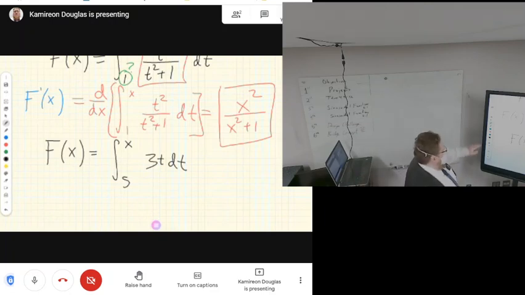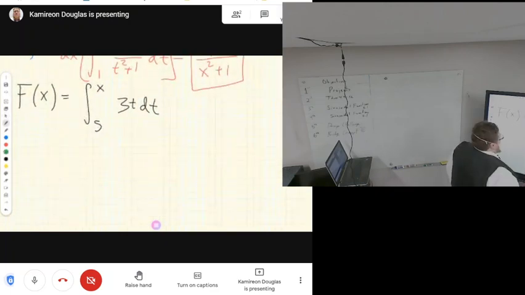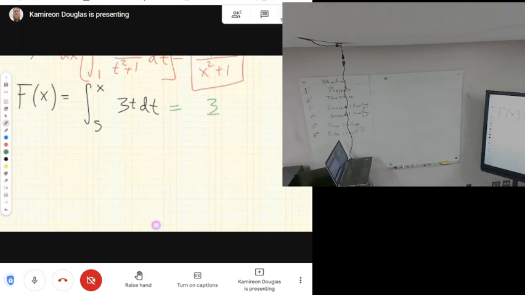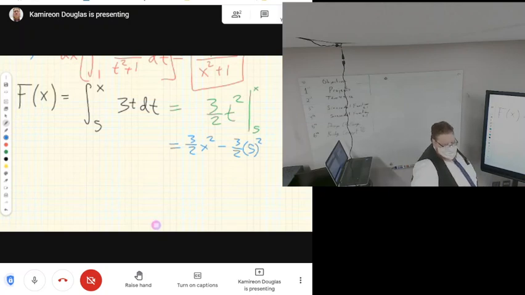So, take this function and we integrate it. 3 over 2 t squared, evaluated from 5 to x. To evaluate it, plug in x: 3 over 2 x squared, minus plugging in 5: 3 over 2 times 5 squared. Now I could go ahead and find that solution, but I'm just going to recognize that's what f is.